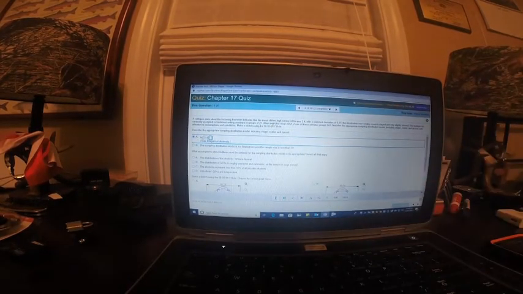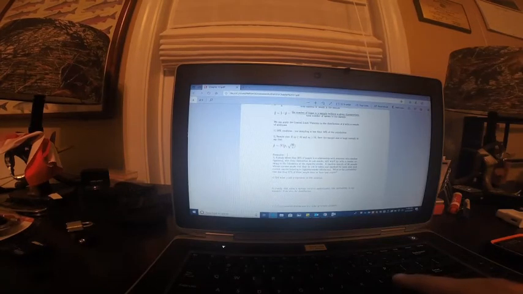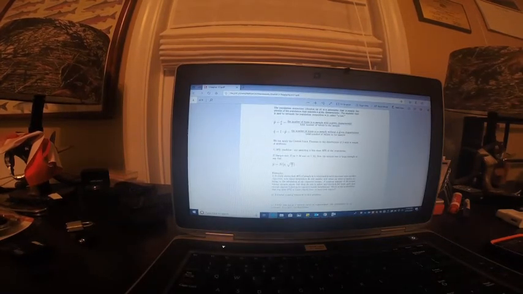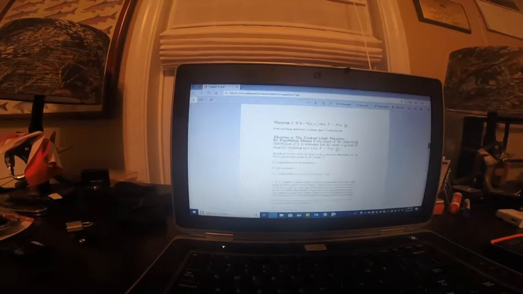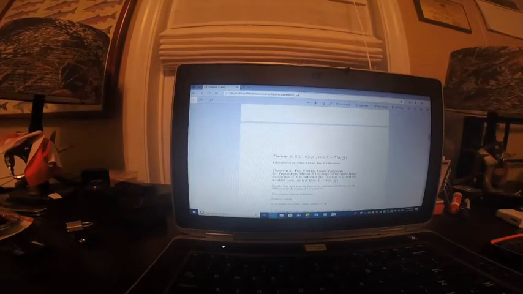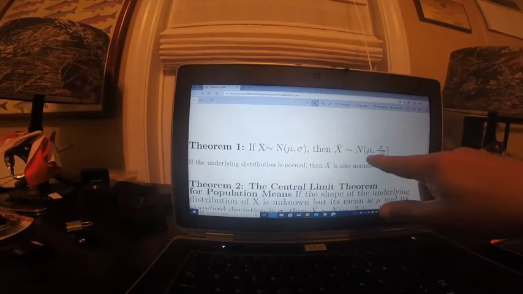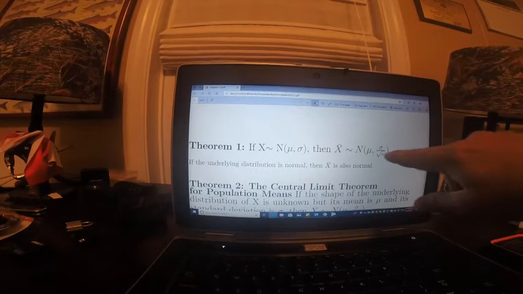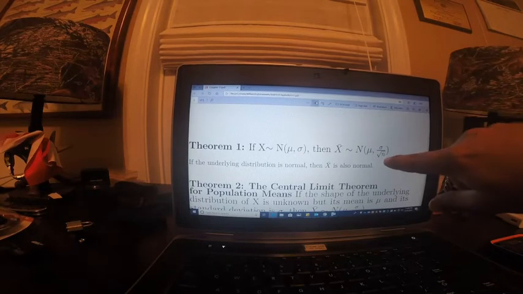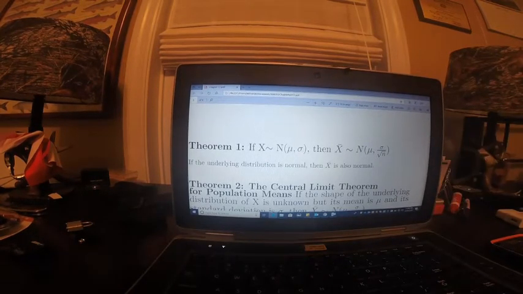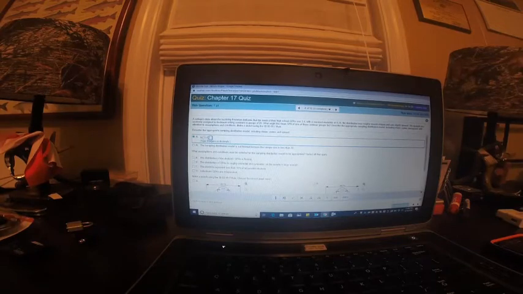So what we're really looking at here, if you look back at your old notes and I scroll on up here to the one with the mean on it, I'll make this a little larger so you can see it a little bit better. If it's going to be normally distributed here, our standard deviation is going to be the original standard deviation over the square root of n. So that's what we need to put there second. Our original standard deviation was 0.25.